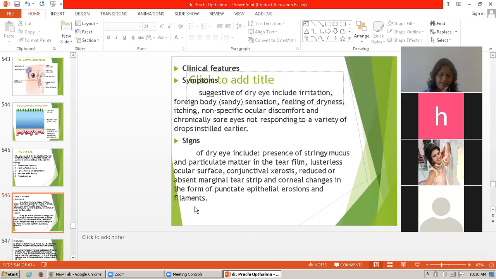When we see the signs of dry eye, it includes the precorneal tear film, that is increased amount of mucus strands and debris in the upper and lower tear menisci, that is meniscus floaters. And the marginal tear strip, that is tear meniscus, is reduced and contains mucus and debris. Normally the lower tear meniscus height is about 1 mm.